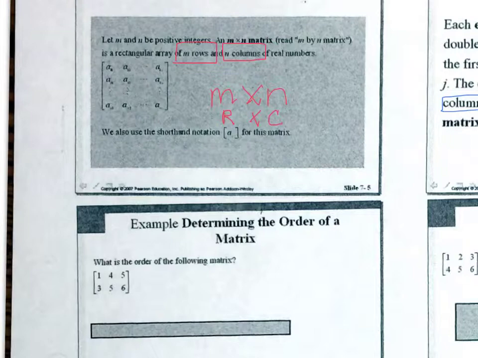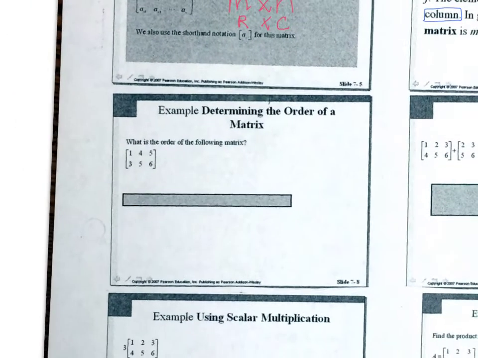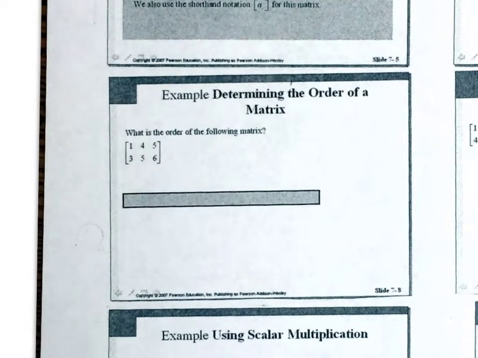Okay? So how many rows? It's 2 rows, so it's a 2, and then it's 3 columns. So it's a 2 by 3 order. And that's how you put in the answer? Yes, that would be the answer. Okay, so that's the order of the matrix.